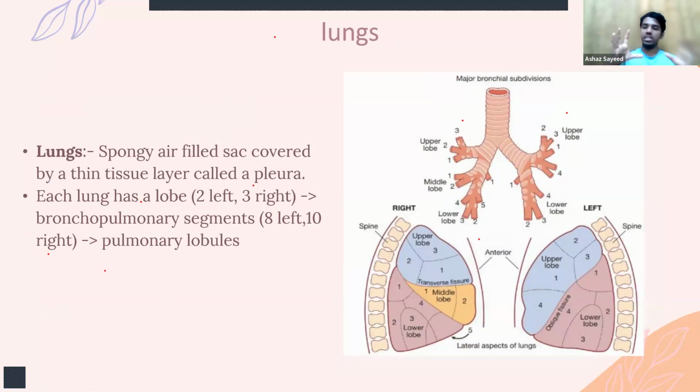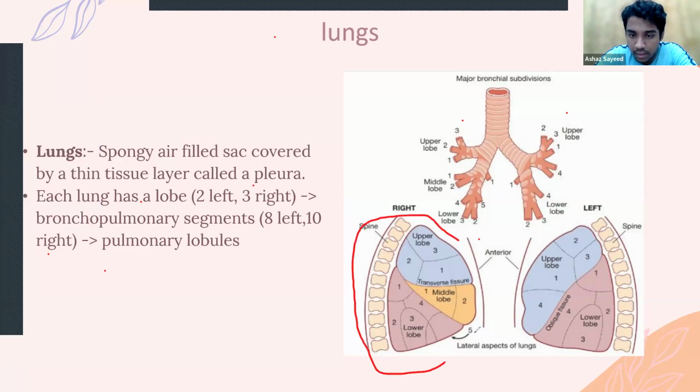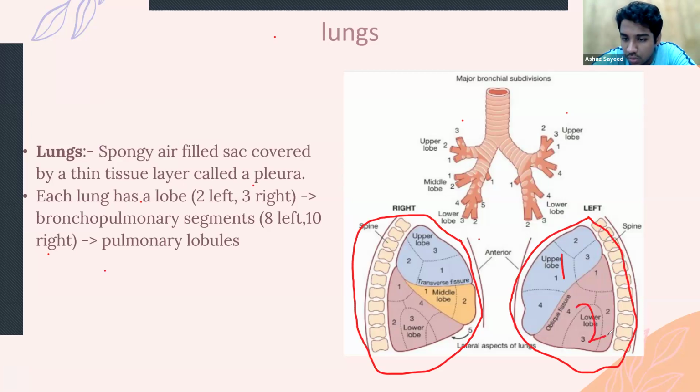So now we have lungs with these two sacs, and each sac has some lobes. The left sac has two lobes and the right sac has three lobes. You can see the diagram. This is one lung sac, and this is another lung sac. The left one has one, two lobes. The right one has one, two, three lobes.